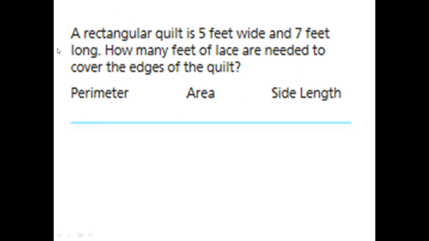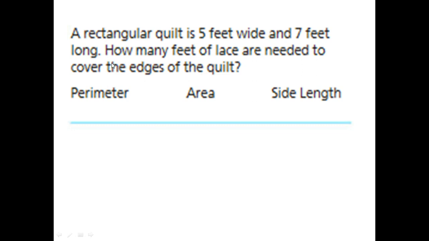Okay, now, I know that in this problem they are giving me the wide side and the long side. So let me think what is asking me to find. It's asking me to find how many feet of lace are needed to cover the edges of the quilt.